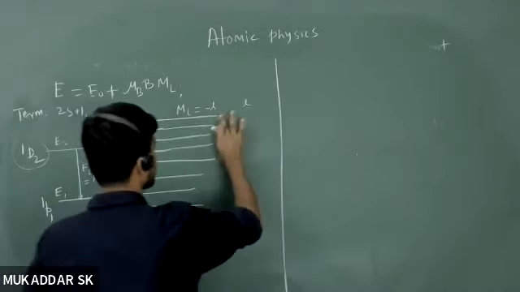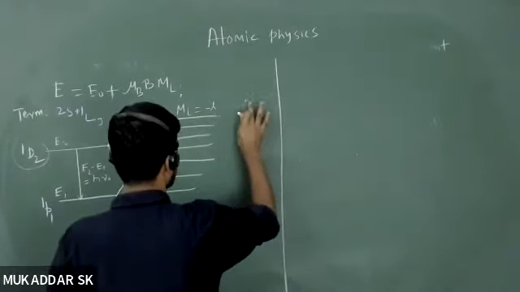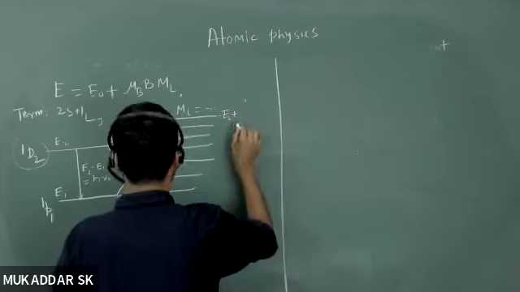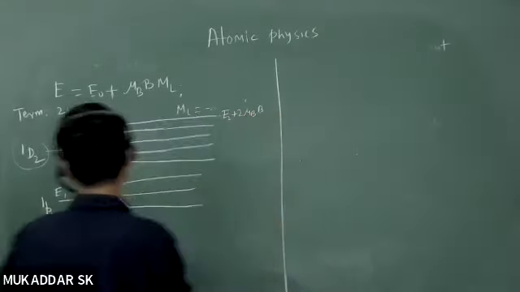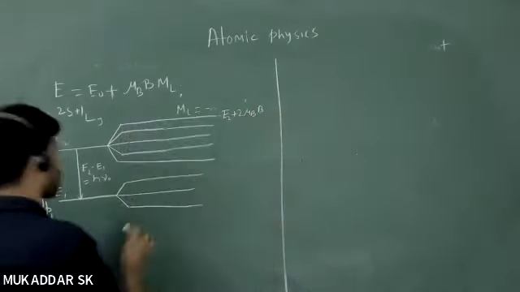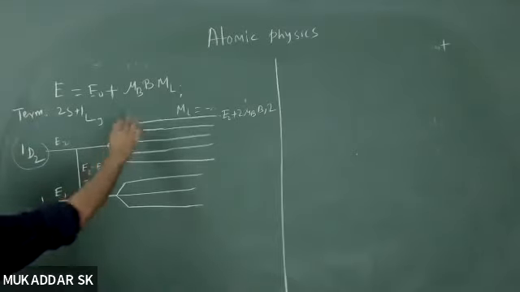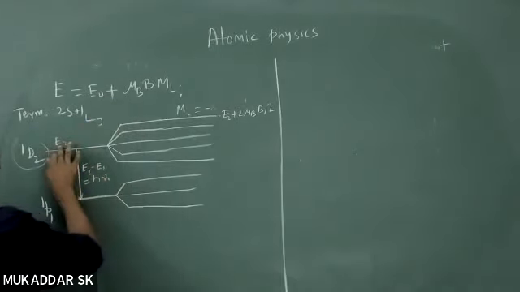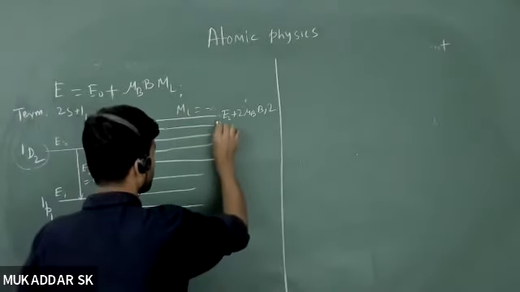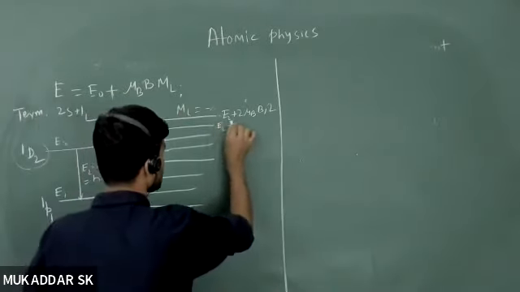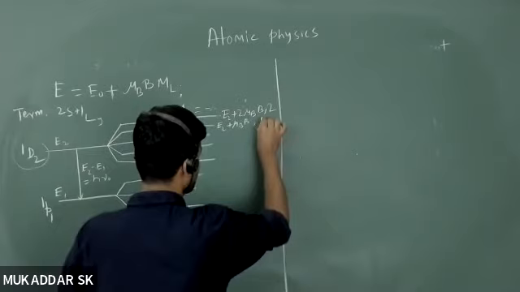So you see, this energy will be how much? That is 2, so it will be E2 plus 2 mu B B, right? Because for this case ml will be 2, right? So if ml is 2, then the energy for this level is E2 plus 2 mu B B. For this it will be E2 plus mu B B, and for here ml is how much? 0.